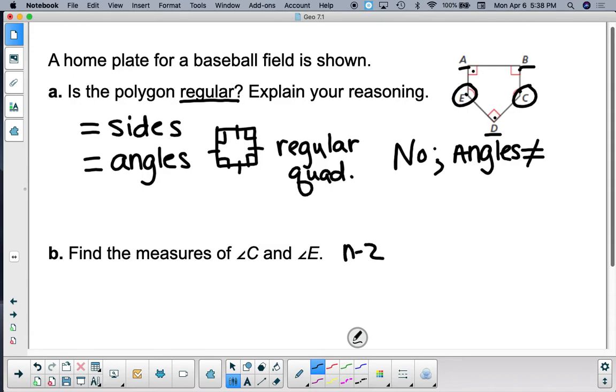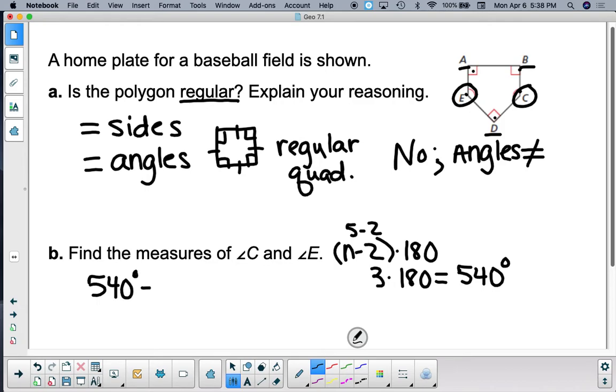This one? Okay, so first you want to figure out what all 5 of them should add up to. So you do 5 minus 2, which is 3. Multiply that by 180. And 3 times 180 is 540 degrees. So all 5 of them should add up to 540 degrees.